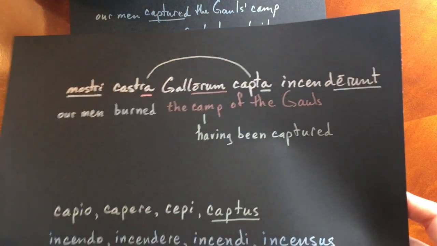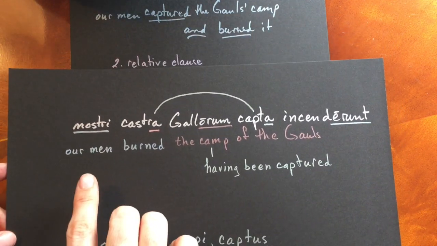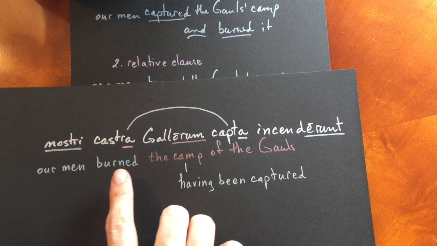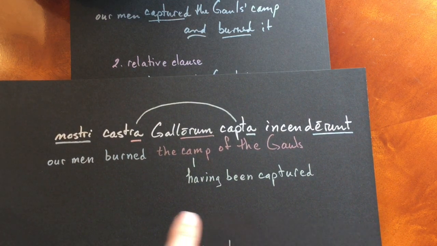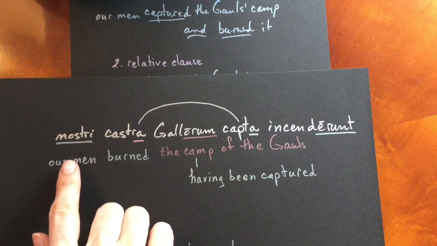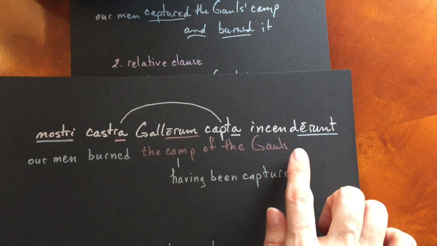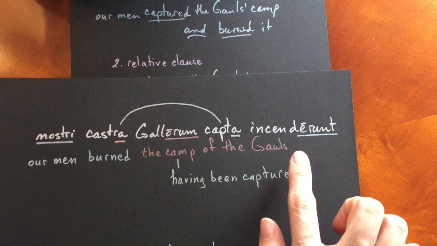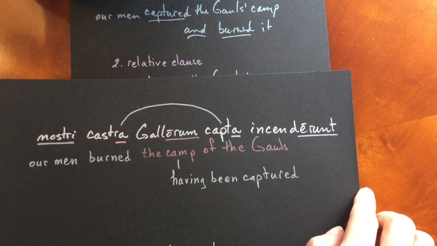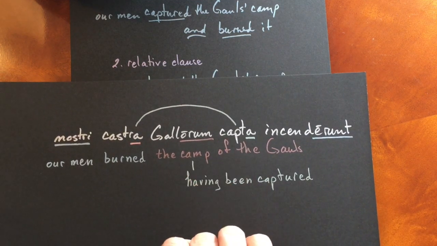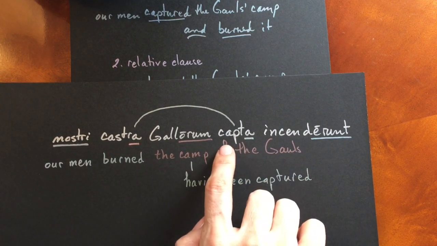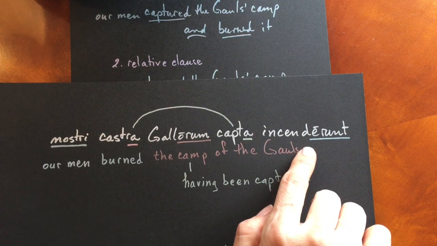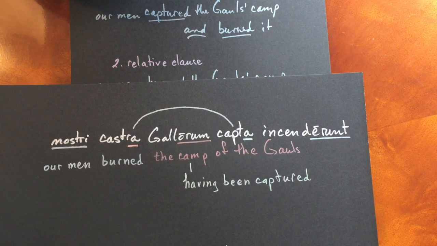So here you see we have the Latin nostri castra Gallorum capta incenderunt. We have our subject and we have our perfect tense main verb and the perfect passive participle, meaning this happened before the main verb, which is also in the past.